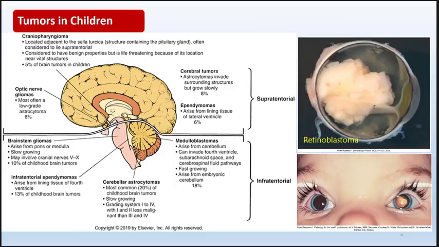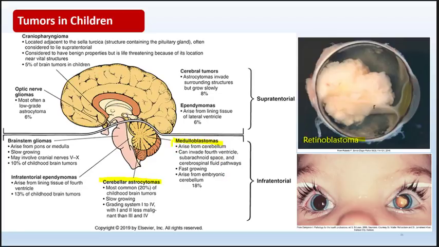Let's look for a moment at tumors in children. What I would like to point out to you is that the most common tumors seen in children are medulloblastomas and cerebral astrocytomas. The other one I want to point out are retinoblastomas.